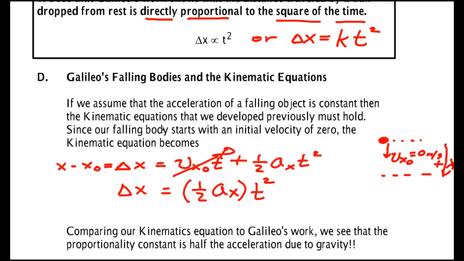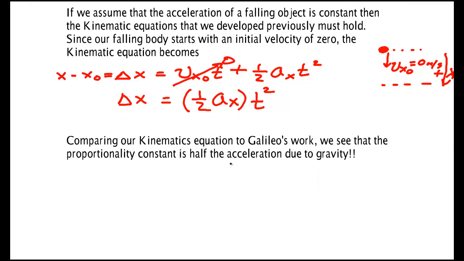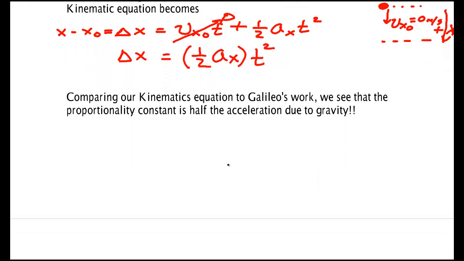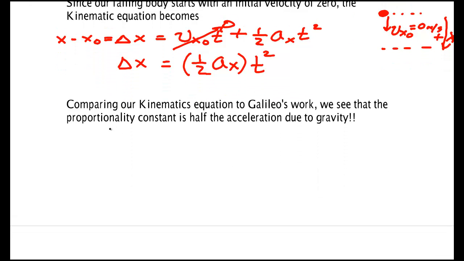We have some constant here, 1/2 the acceleration being a constant, which would be equal to this proportionality constant here, with a time squared. So by comparing the work of kinematics and Galileo, we see that the proportionality constant k is whatever the acceleration due to gravity is, divided by 2.